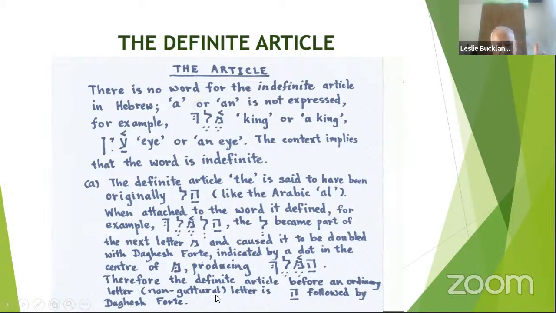You have aleph, you have he, you have keth, and you have ayin. So if the definite article is put before any other letter in the Hebrew alphabet, it is going to be he pathak, ha, a short a, followed by dagesh forte in the first consonant of the noun. Okay, so that's the first rule to learn about the definite article.